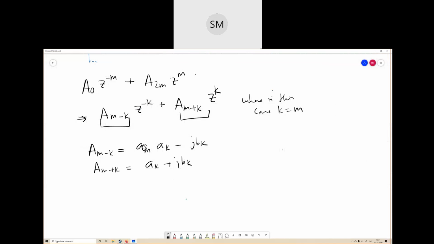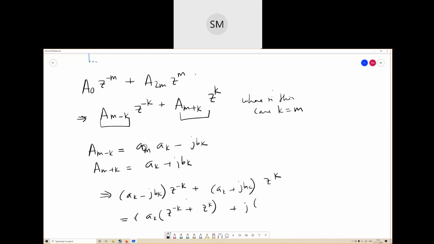So this will be equal to a k minus j b k z to the power of minus k plus a k plus j b k z to the power of k. That will be a k z to the power of minus k plus z to the power of k plus j b k z to the power of k minus z to the power of minus k.